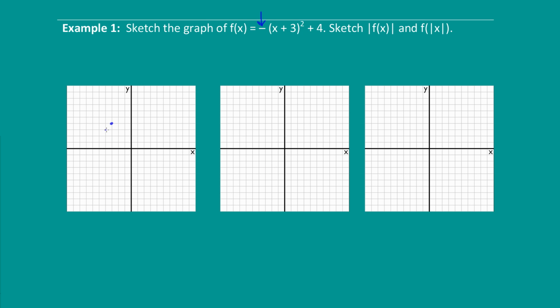So it'll look a bit like so. Let's make sure, because this is going to go 3, and we'll go 1, 2, 3, 4, 5 there, 5 there.